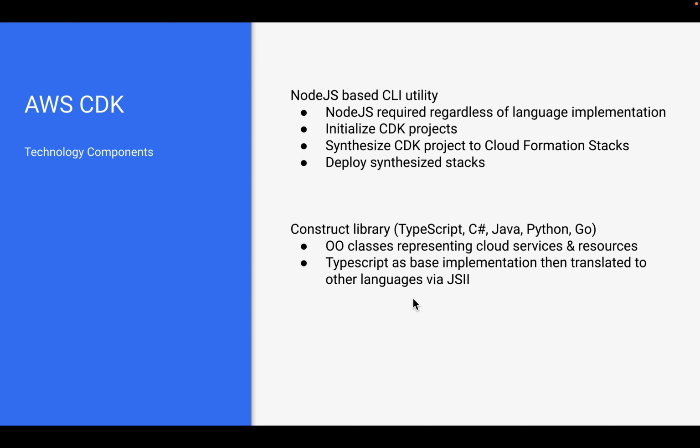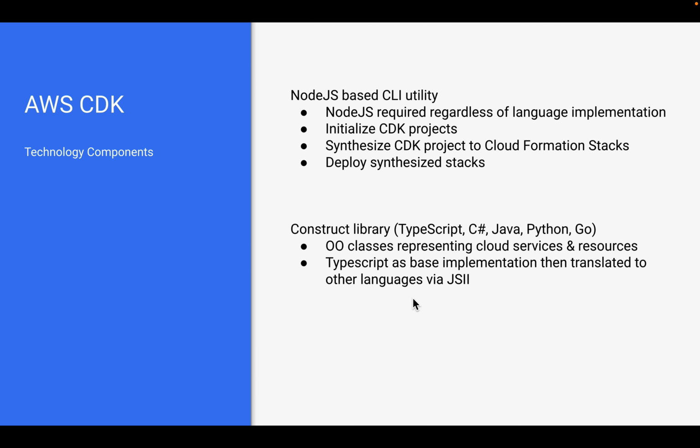And I mentioned the word construct a few times here. A construct in the AWS CDK construct library is simply an object-oriented class. It's a programming construct, right? And then the base implementation of the construct library is built in TypeScript.